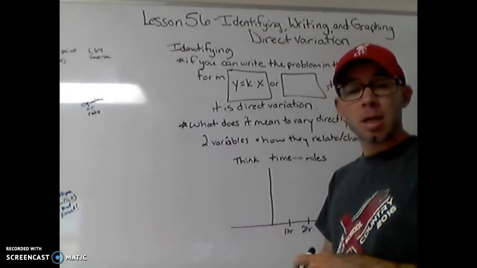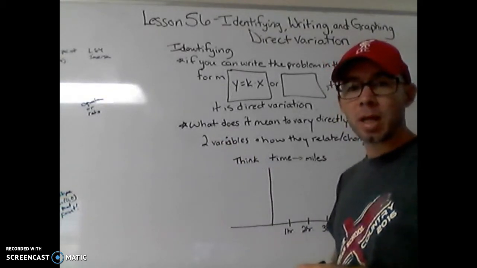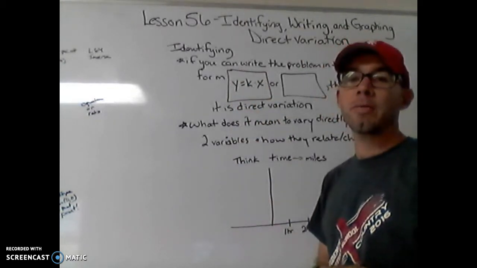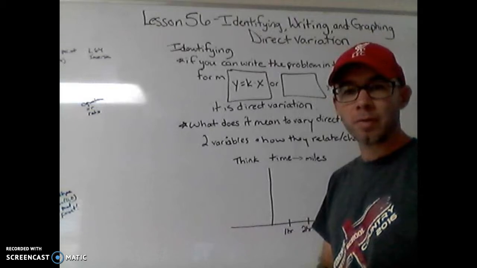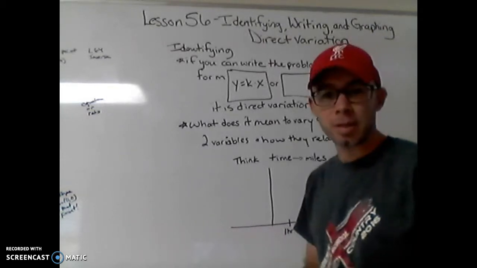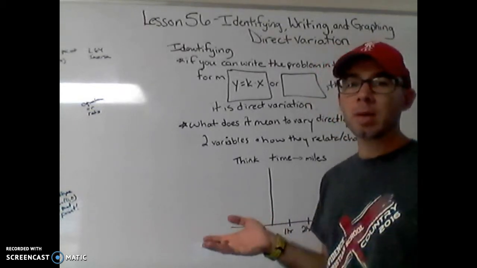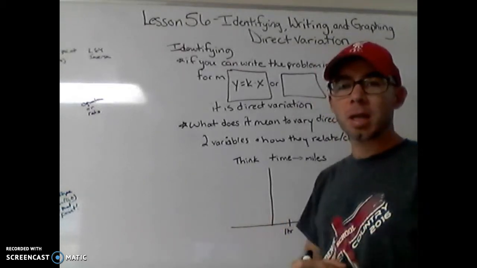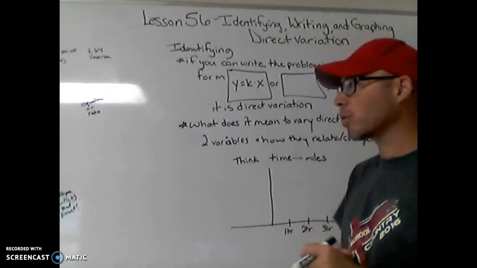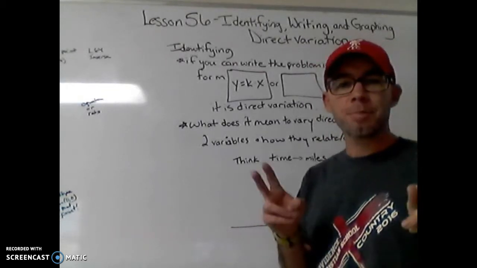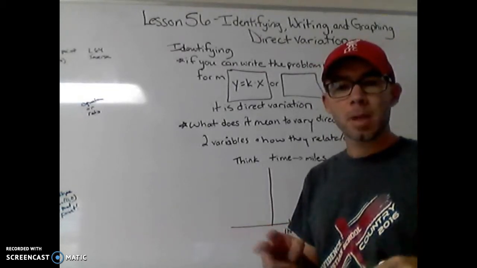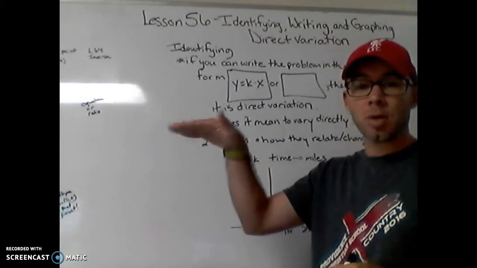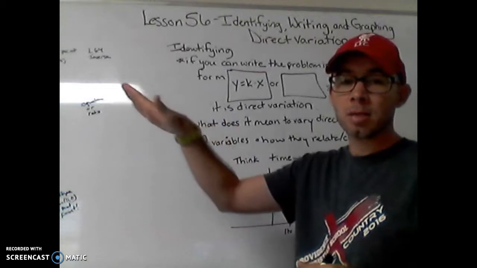And in fact, equations of this form, y equals a constant times x, are direct variation equations. So if it's y equals 2x or y equals negative 3x, because there is a constant, that k there stands for the constant of proportionality, you'll have something that's increasing or decreasing in a constant way.